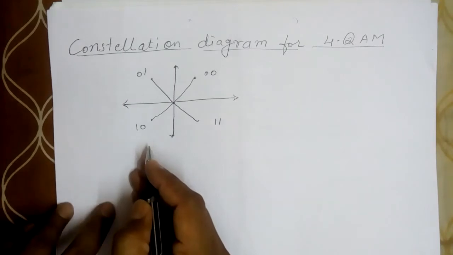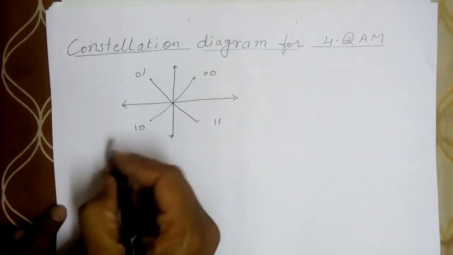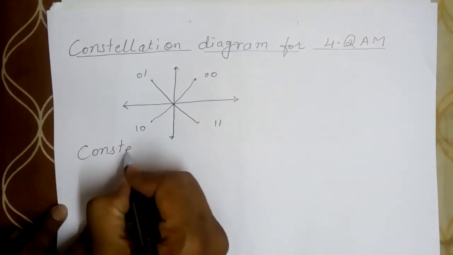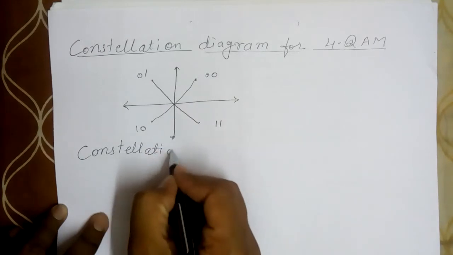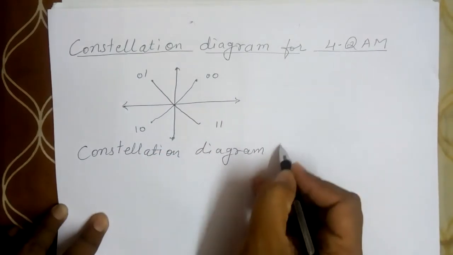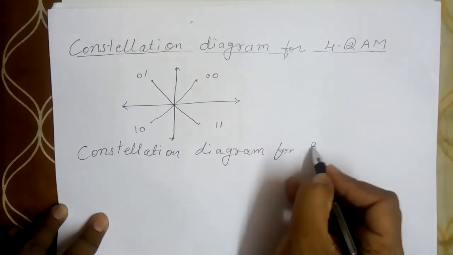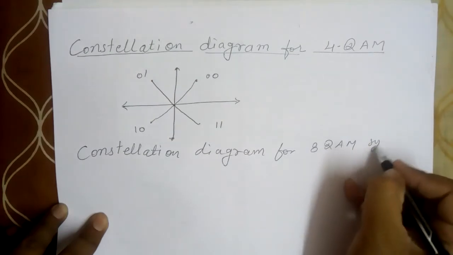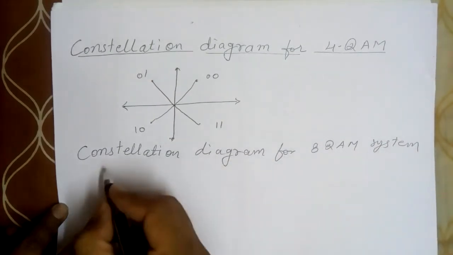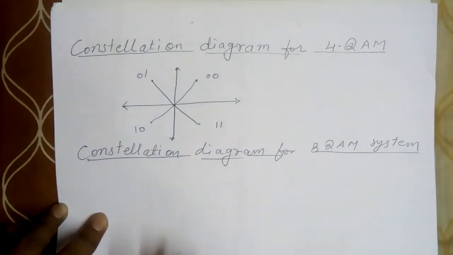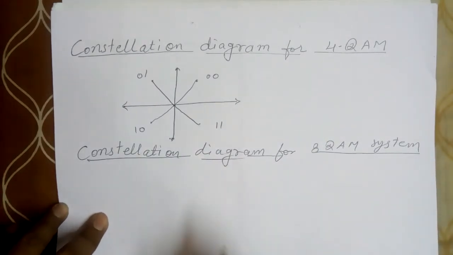Now we draw the constellation diagram for 8QAM system.